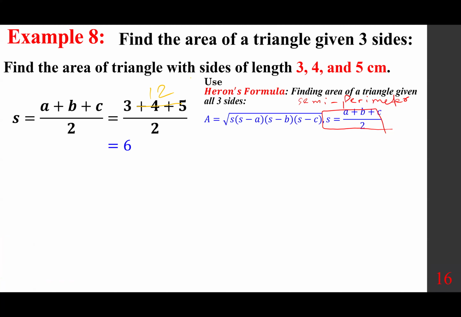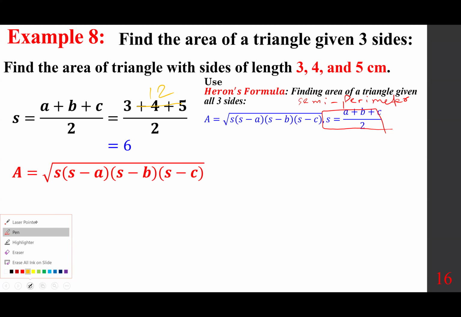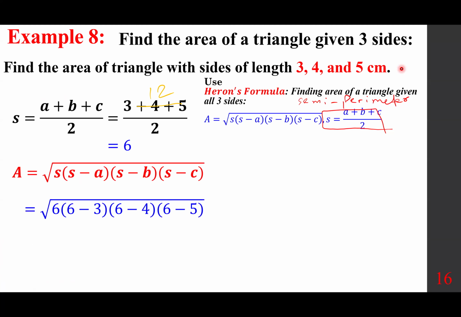We are going to put it into the formula of S times S minus A times S minus B times S minus C. We are going to replace the S with 6 and ABC with 3, 4, 5. So this is 3, this is 2, this is 1. Their product is 36. And the answer is 6 centimeters squared.